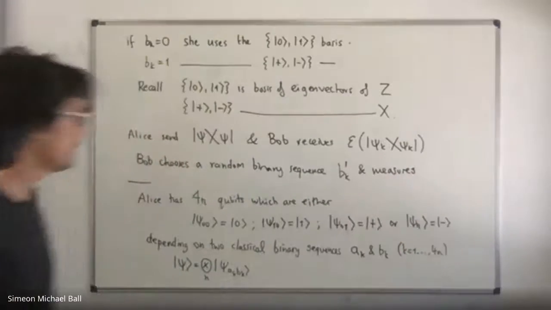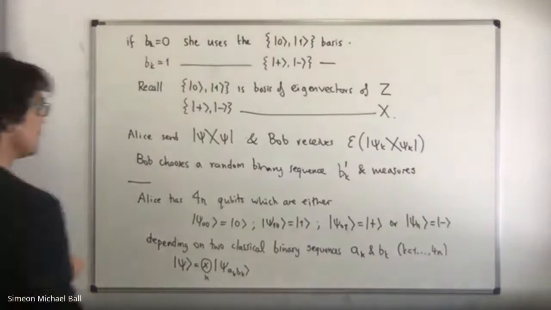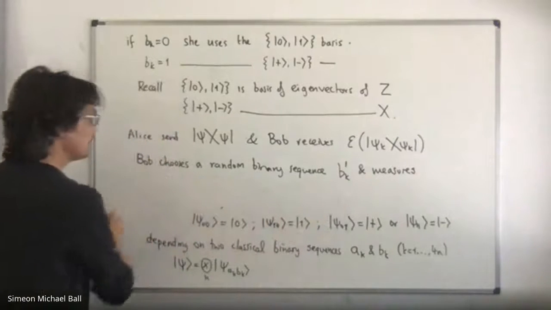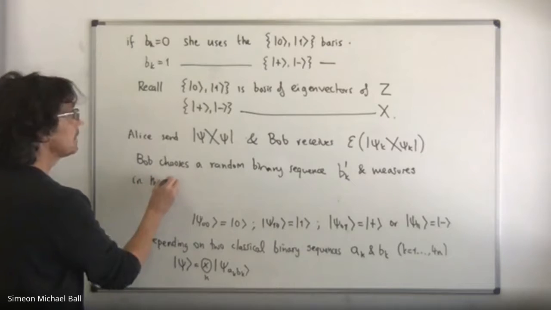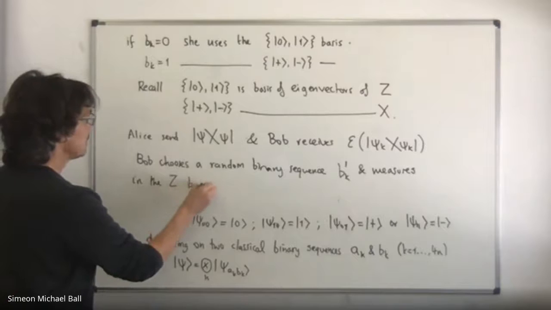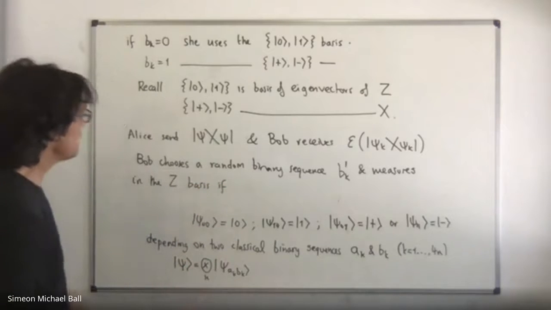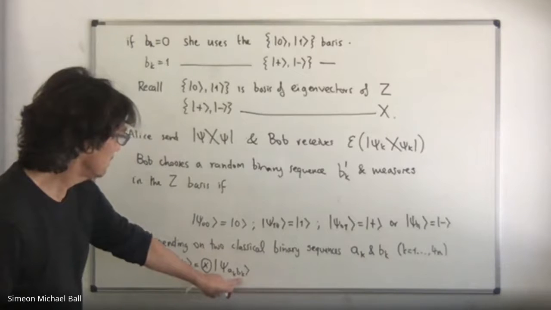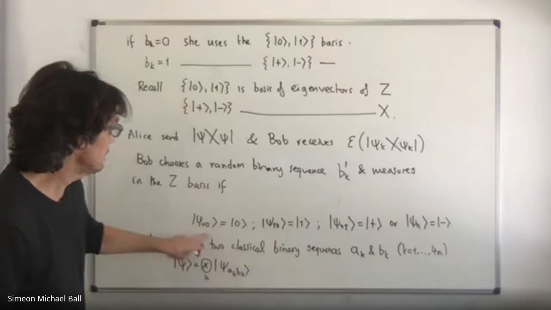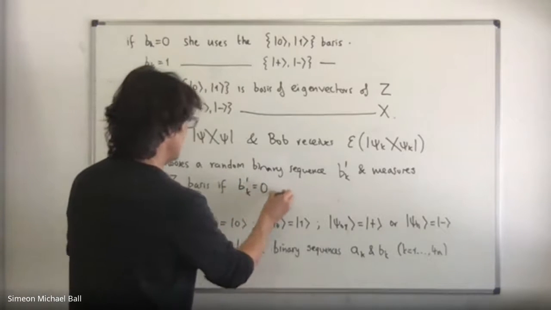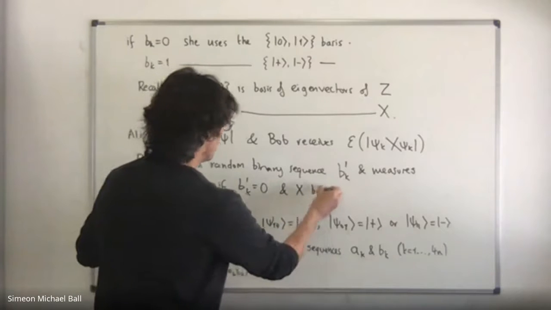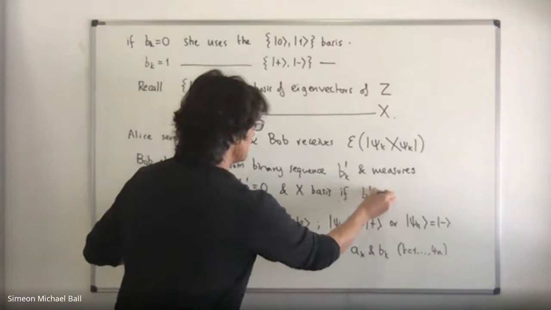So this will be a projective measurement. It measures in the Z basis if B_k dash is 0, and in the X basis if B_k dash is 1.